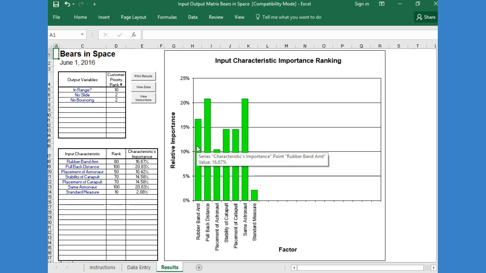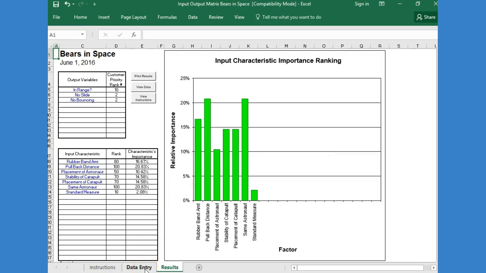So I have less bounce and less slide. That would have been your next thing, since that was your next high scoring item. Then we had two others that scored exactly the same as well, which was stability and placement of the catapult. But that's how this analysis would work.